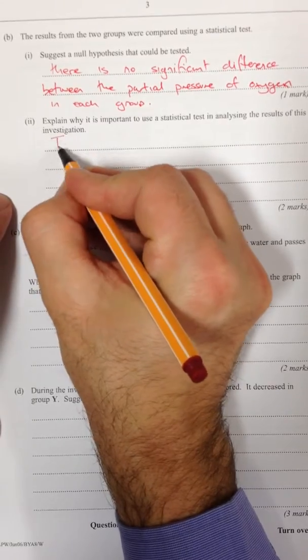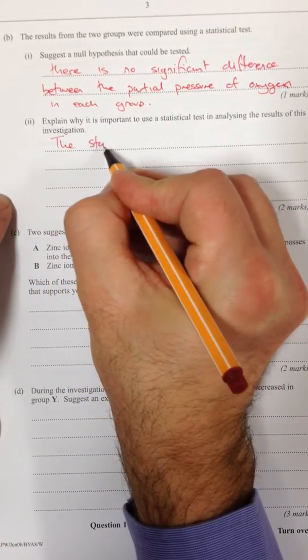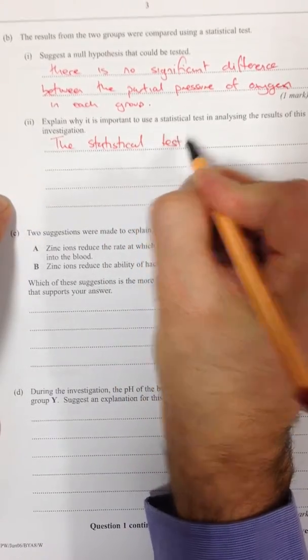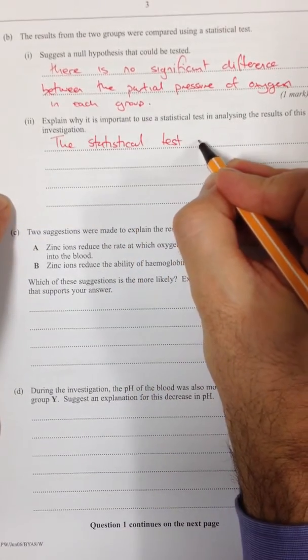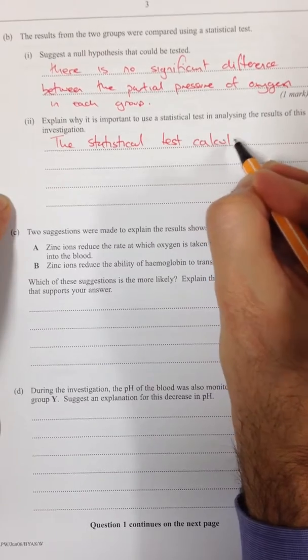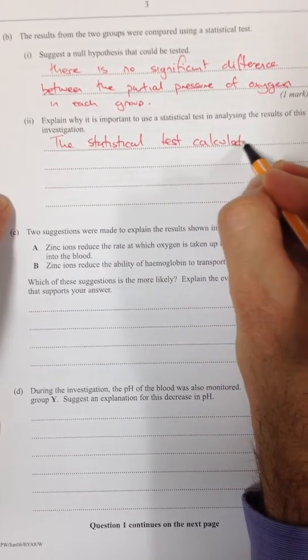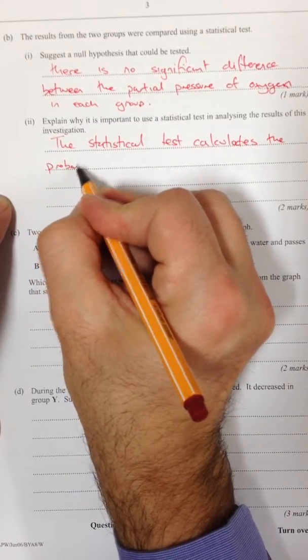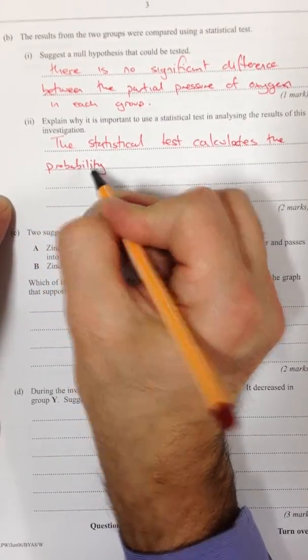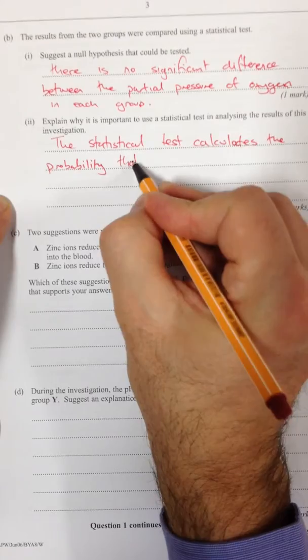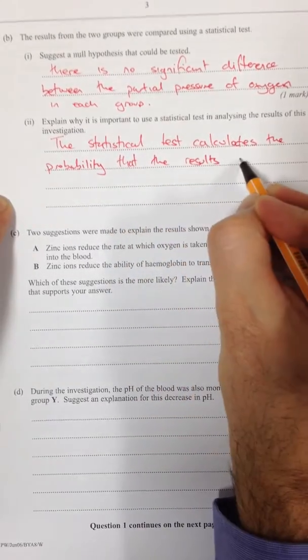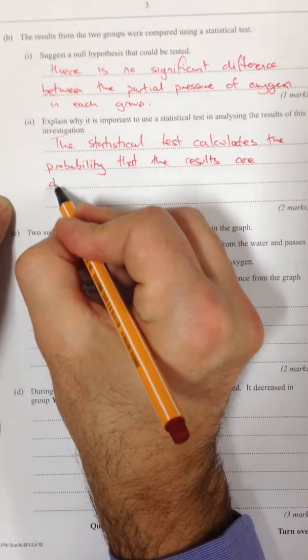So, the statistical test calculates the probability that the results are due to chance.